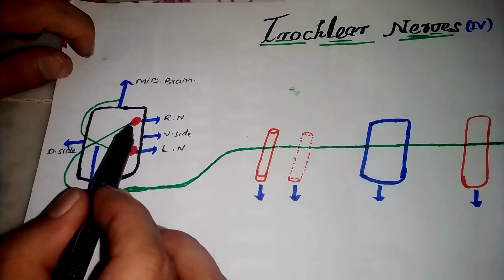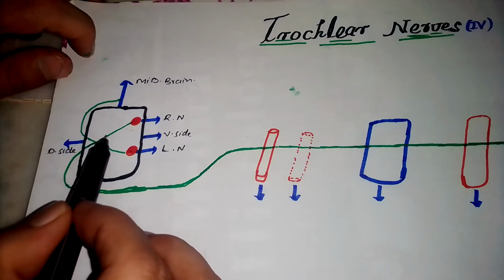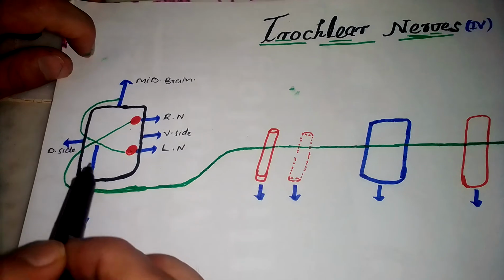Okay, when they move toward the back side, decussation occurs in their path. Both axons will cross each other and move toward the opposite side.